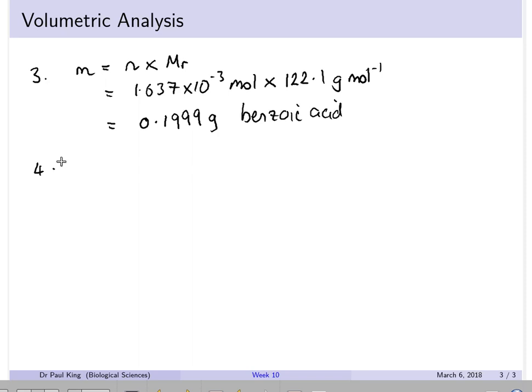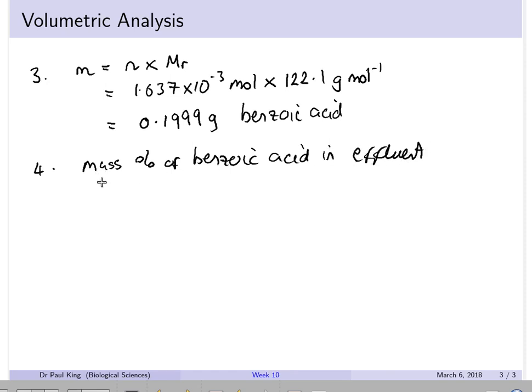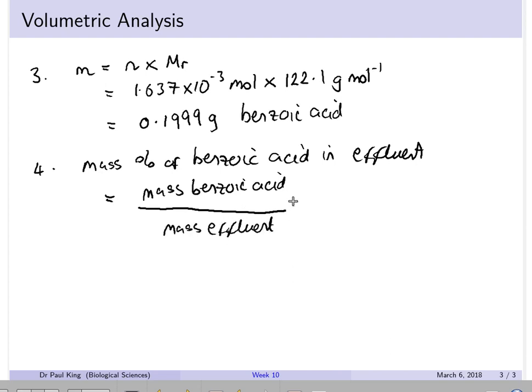So we need to then work out the mass percentage of benzoic acid in the effluent, and that will be given by the mass of benzoic acid divided by the mass of the effluent, multiplied by 100%.